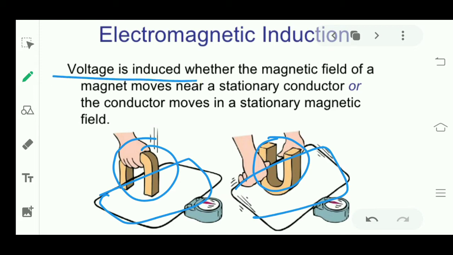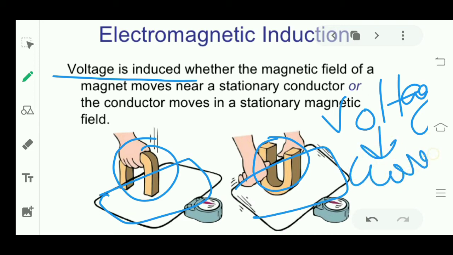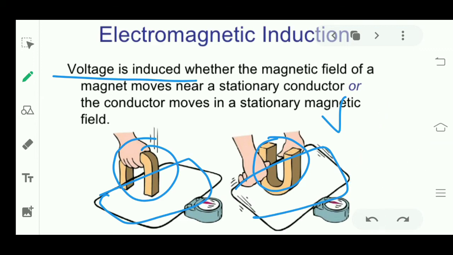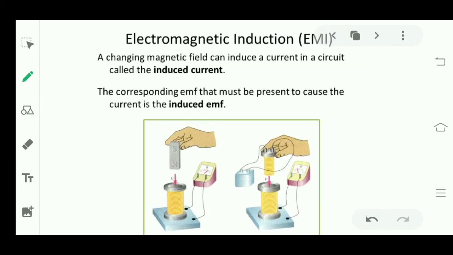And in electricity we have discussed that if a voltage is there, that means current should also be there. All right, let's see.